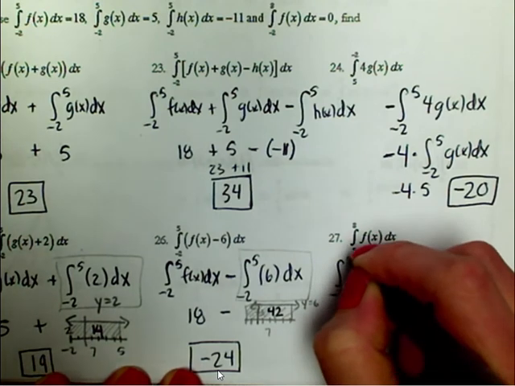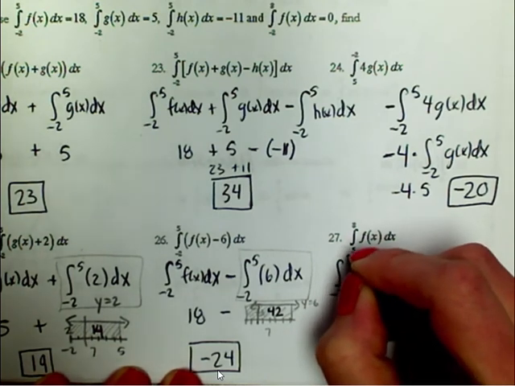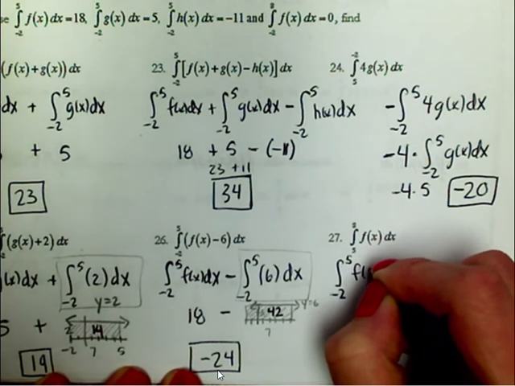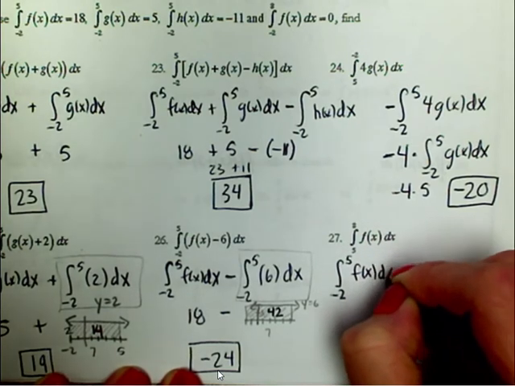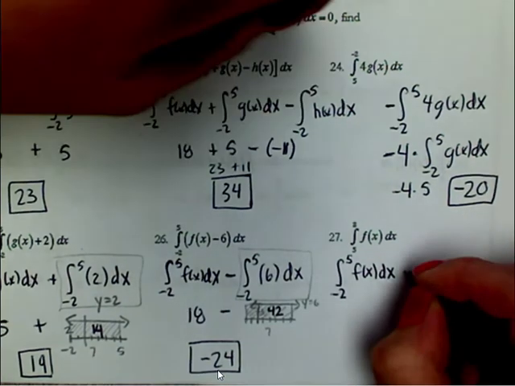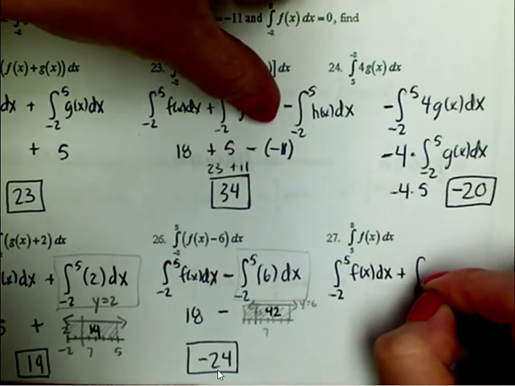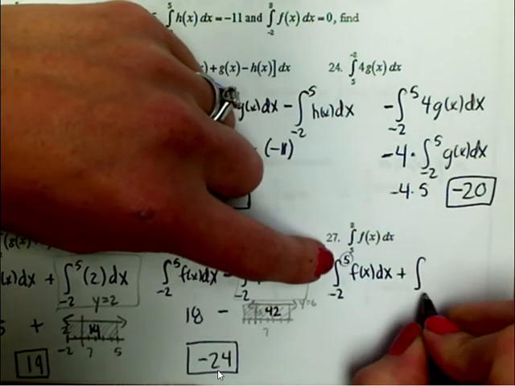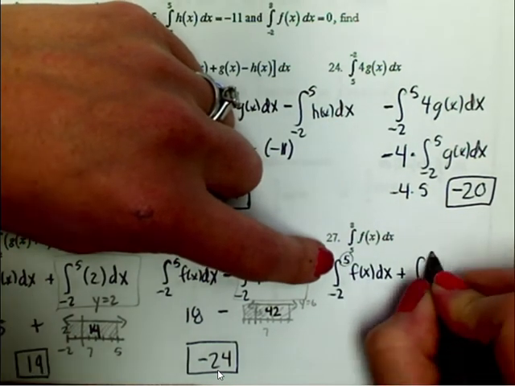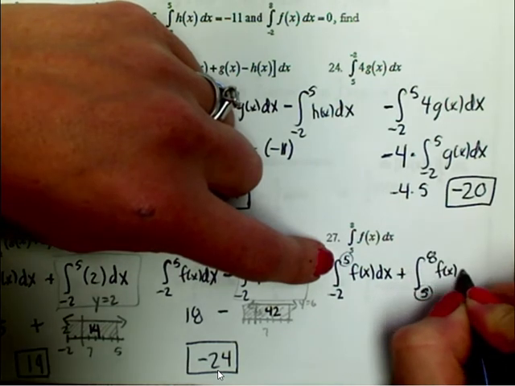So negative 2 to 5 f of x dx plus, it's important that the 5 connects.